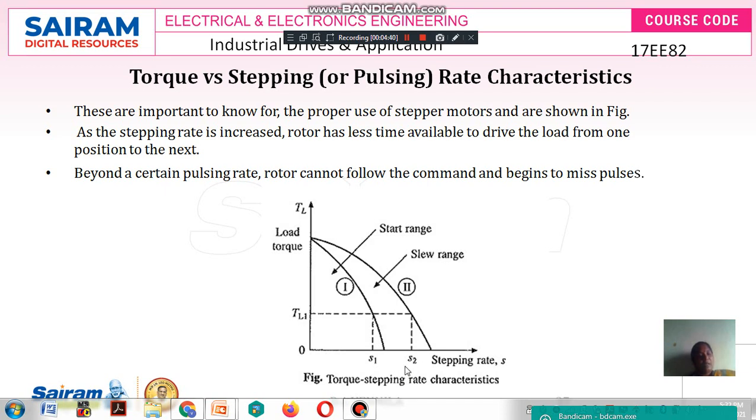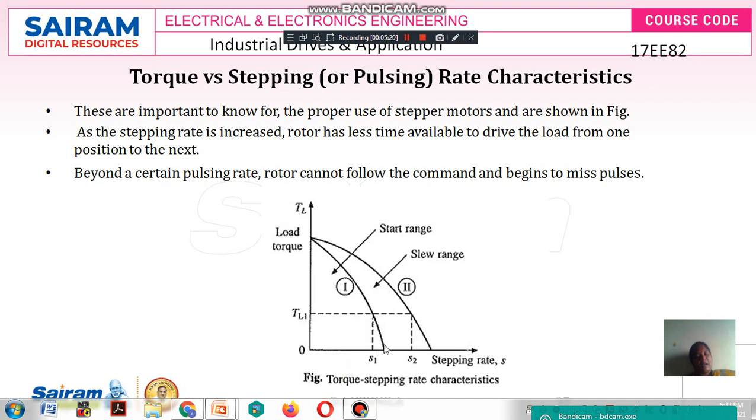However, if the stepping rate is increased beyond S2, the motor will lose synchronization. So the area between curves 1 and 2 represents, for various torque values, the range of stepping rate which the motor can follow without losing a step.